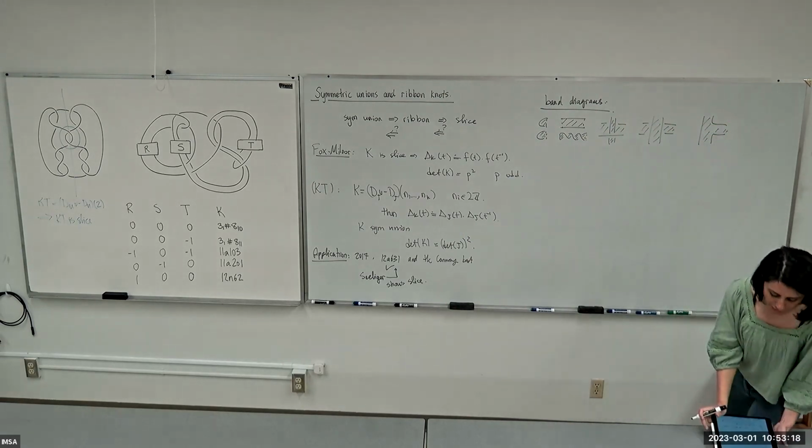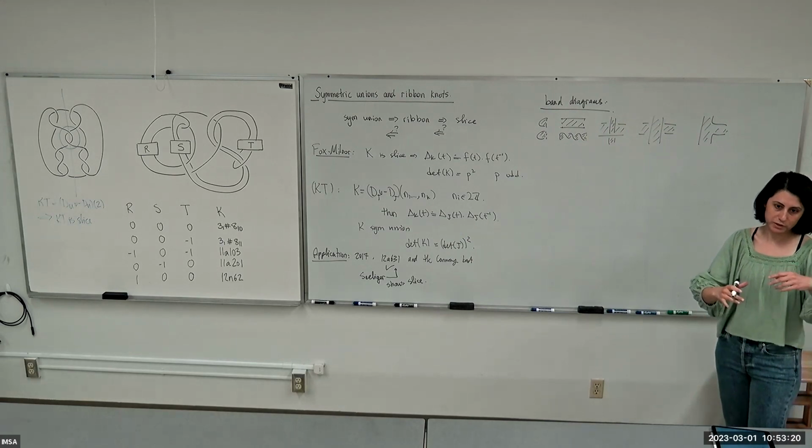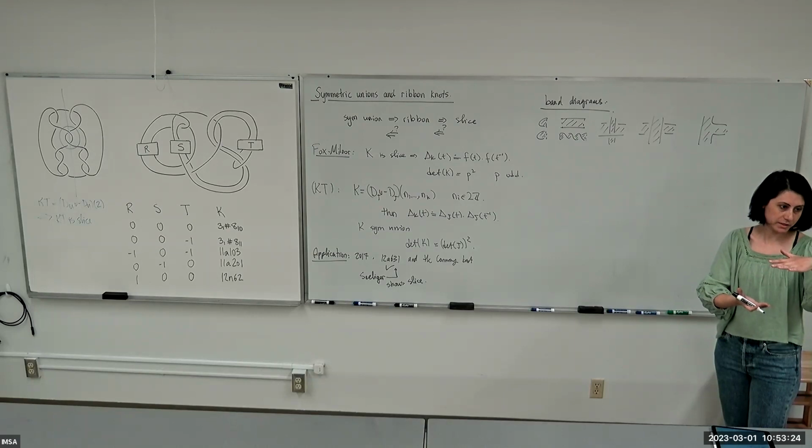Normally we have a four-manifold picture, the 4D picture of ribbon knots, where we get a concordance to our knots.